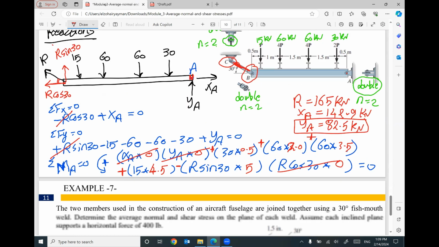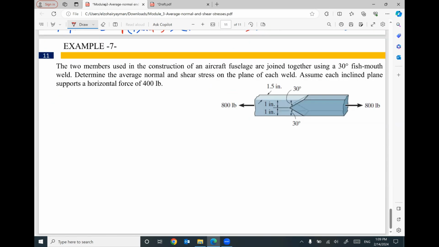That makes sense? The last example in this video, we are given two members, this member and this member, connected together with welding. And the welding is done on a plane with angle 30 degrees from the horizontal.